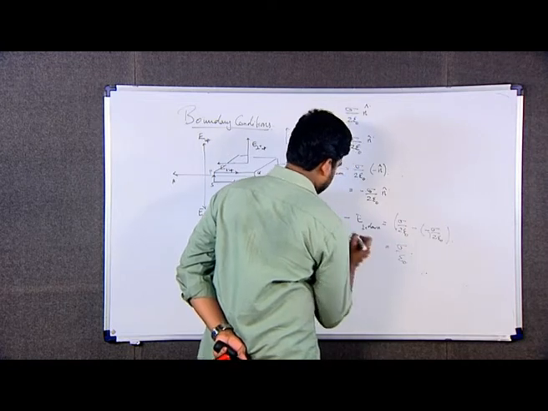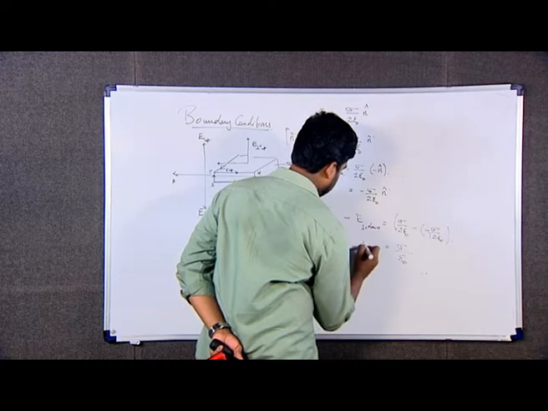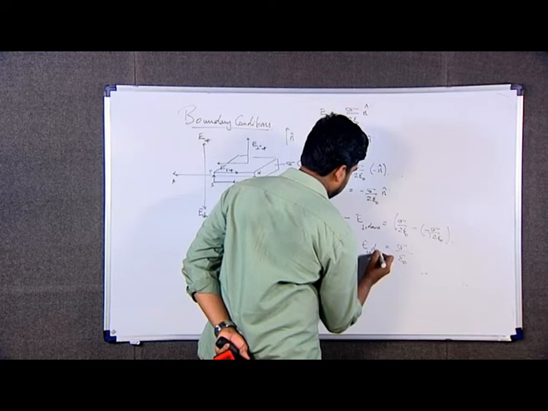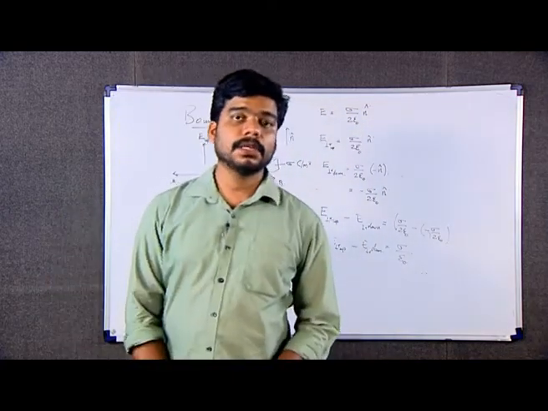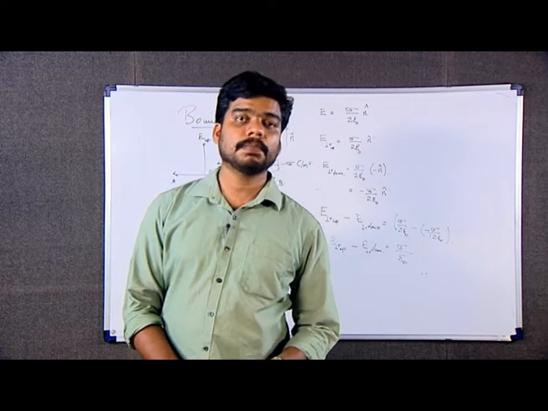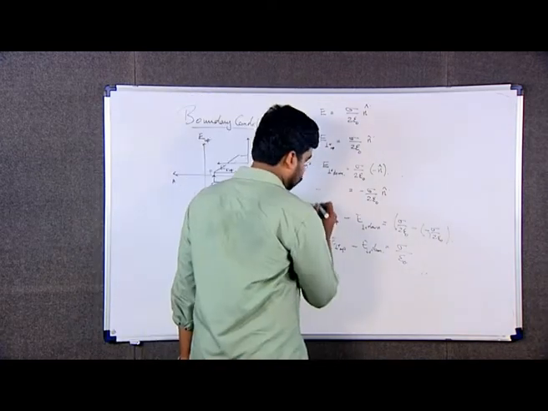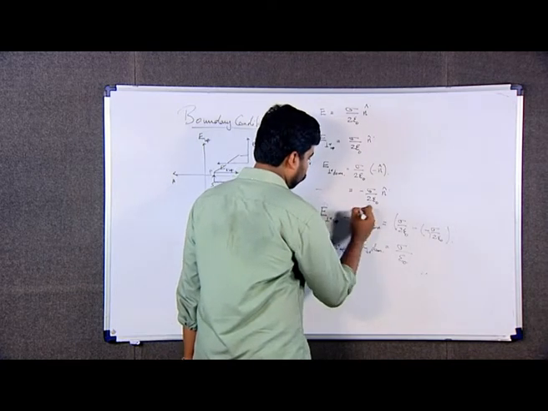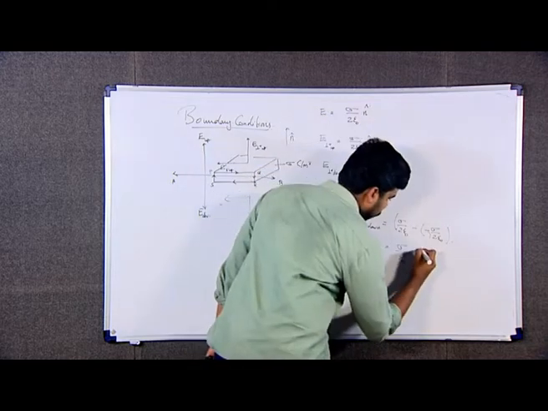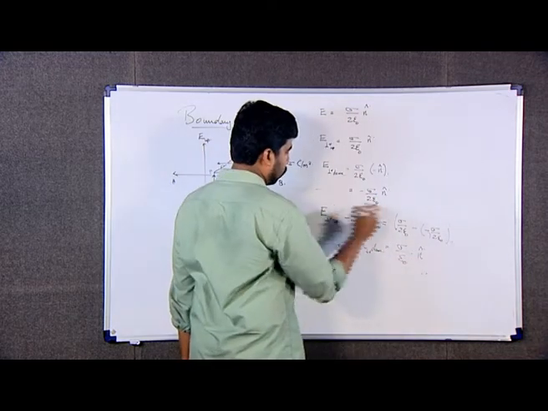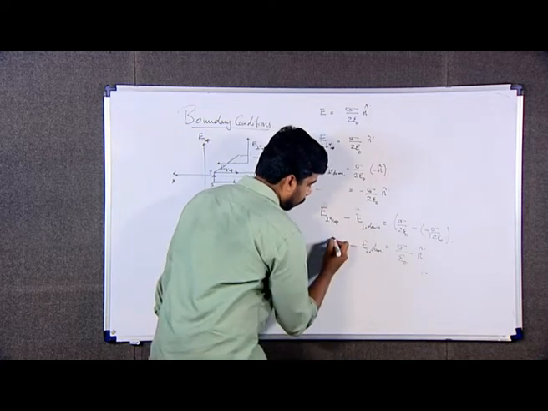That means E perpendicular up minus E perpendicular down is discontinuous at the boundary. That means they vary by an amount of sigma by epsilon 0. Initially I talked about the magnitude; now I am talking about the direction.